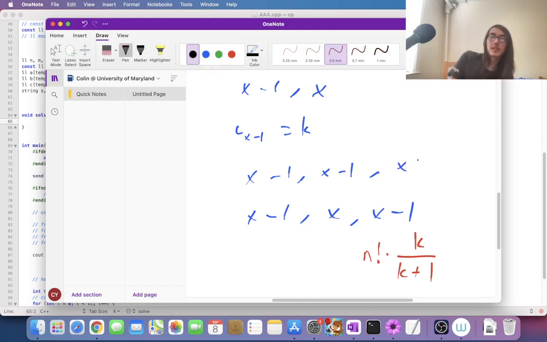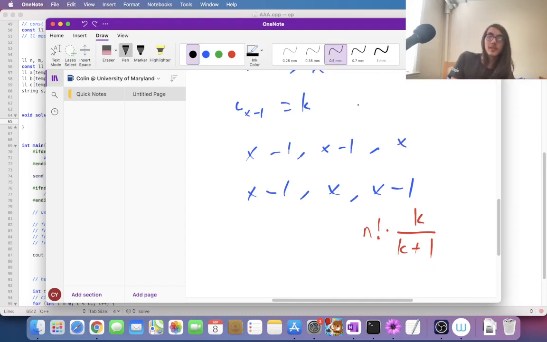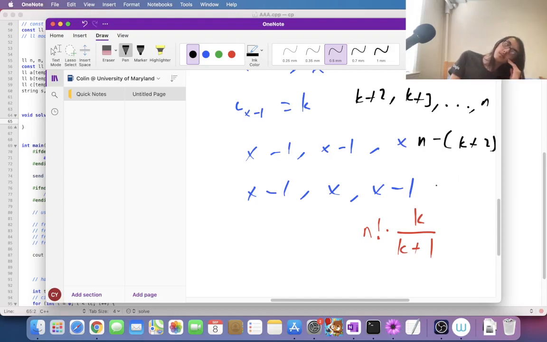Another way is saying you're placing, for the rest of the elements, once you place these down, you're placing k plus 2, k plus 3, up to n. And then this is the number of ways to permute n minus k plus 2 numbers, so it's really nPn minus k plus 2.